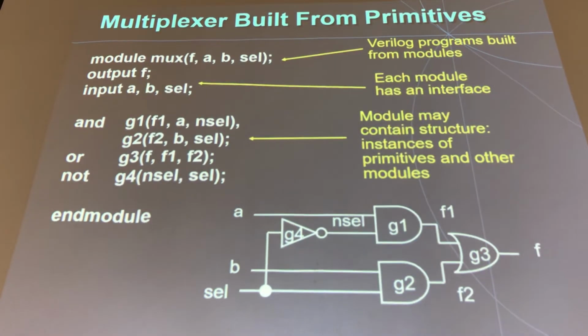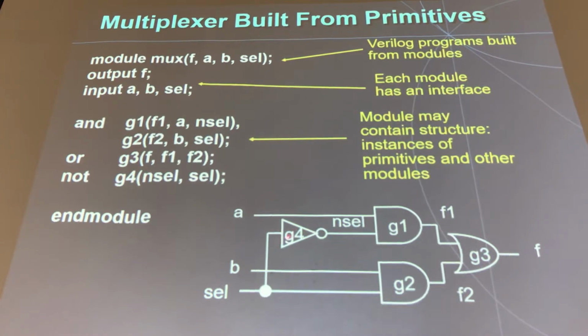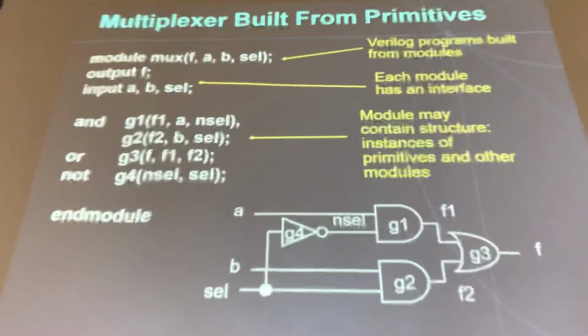So let's look at this example. This circuit is a multiplexer using logic gates, right? Inverter, AND gate, OR gate. A, B, and sel are 3 input signals. F is the output signal.